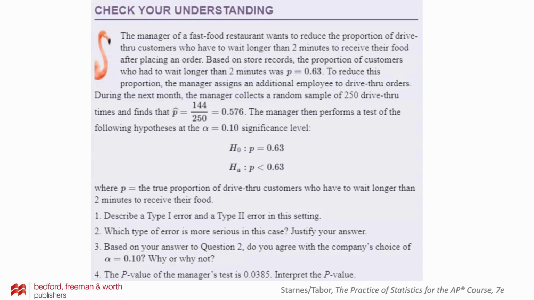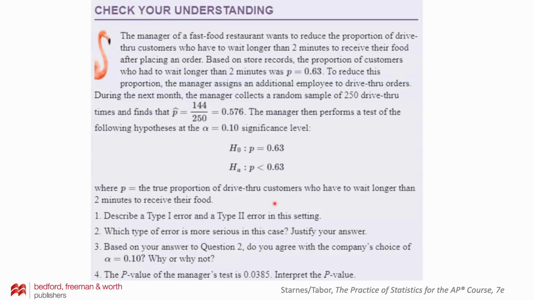The manager then performs a test of the following hypotheses at the alpha = 0.10 significance level. Our null hypothesis is p = 0.63. Our alternative is that p < 0.63, where p is the true proportion of drive-through customers who have to wait longer than 2 minutes to receive their food.